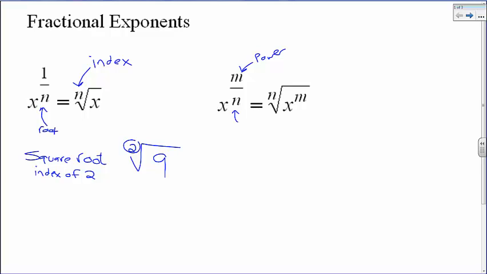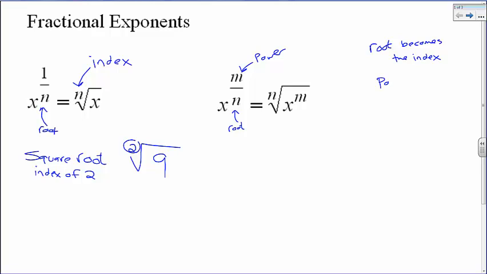Recall also from yesterday that the number in the numerator of the fraction is the power of the base under the radical. When we rewrite from fractional exponent to a radical, the root becomes the index of the radical, and the power stays with the base under the radical as shown.